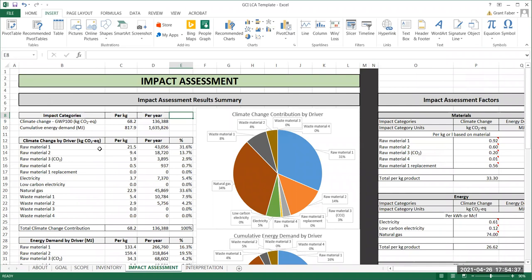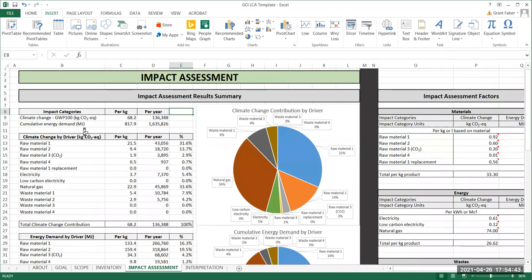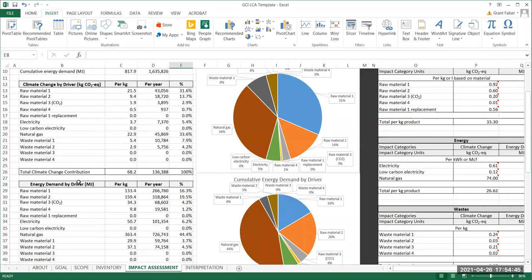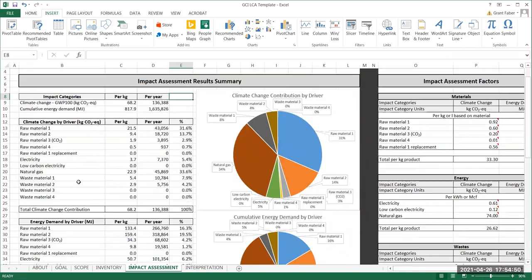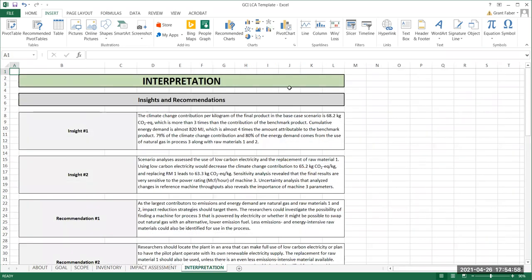This is also true if you want to add more impact categories, and then you would want to adjust the model accordingly. But again, the template is designed to be flexible, and you should edit it according to whatever your needs are for modeling your particular system.